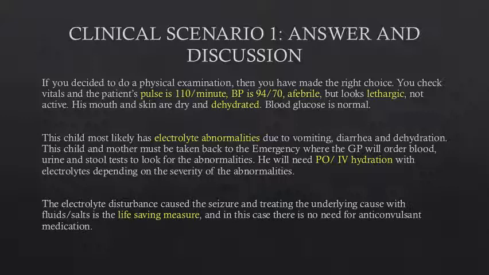He will need oral or IV hydration with electrolytes depending on the severity of the blood abnormalities. The electrolyte disturbance is what caused the seizure, and treating this underlying cause with fluids and salts is the life-saving measure here, and there is no need for anticonvulsant medication for his seizures.